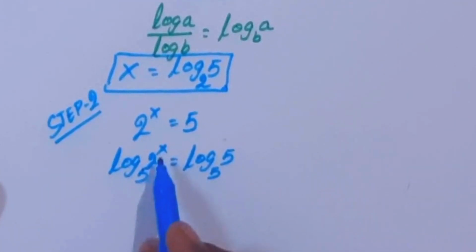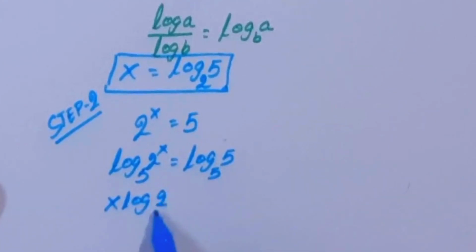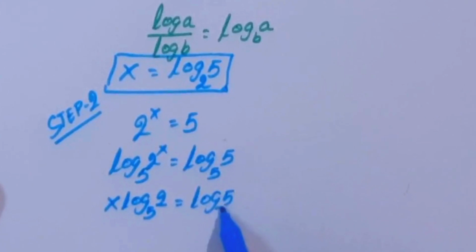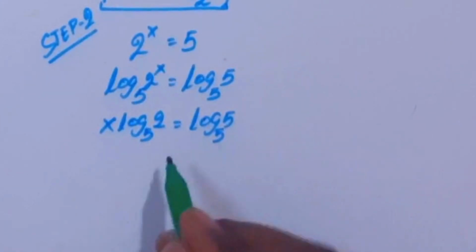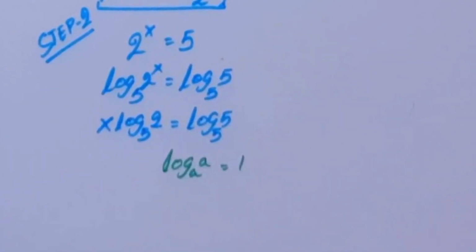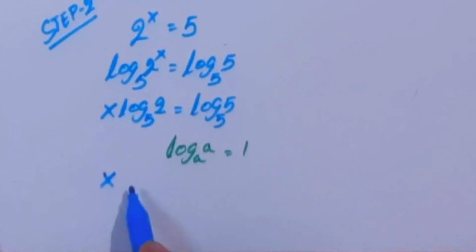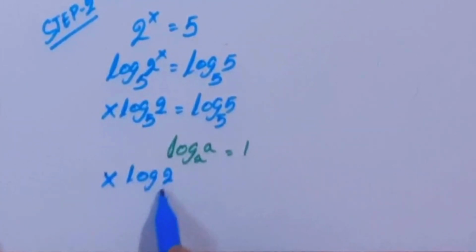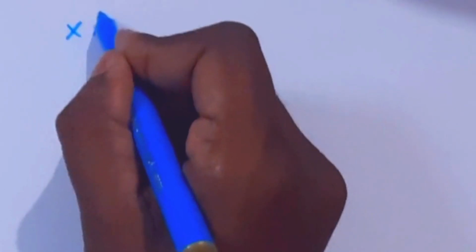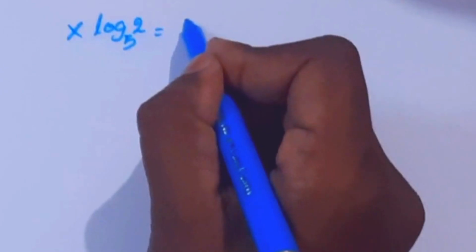Now we are going to apply the power log formula here. x log 2 base 5 equal to log 5 base 5. We know the formula log a base a equal to 1. Now we are going to apply this. x log 2 base 5 equal to 1.